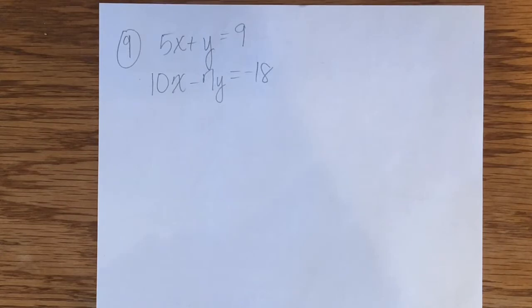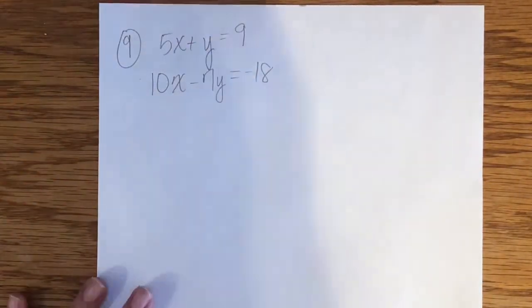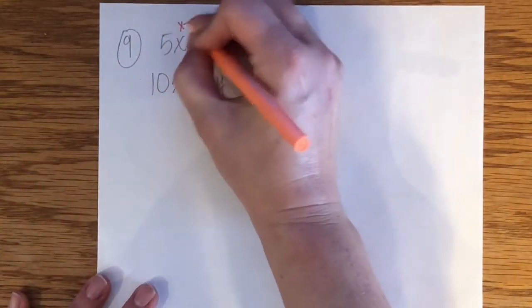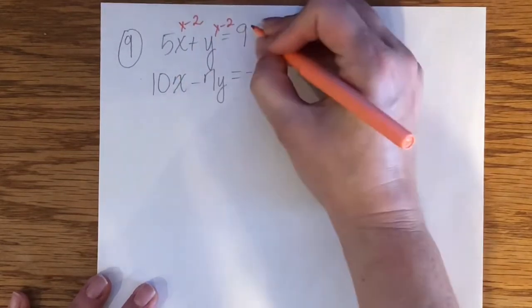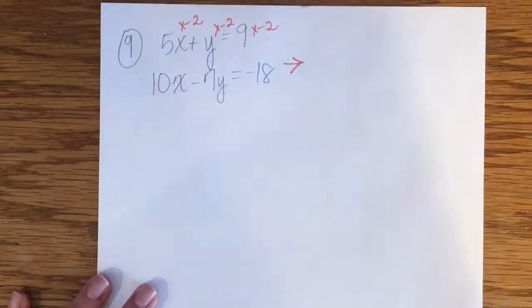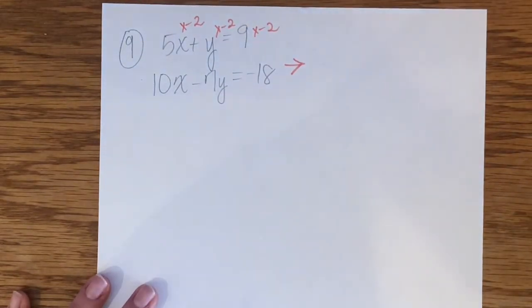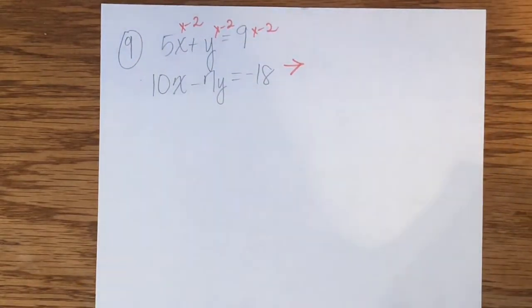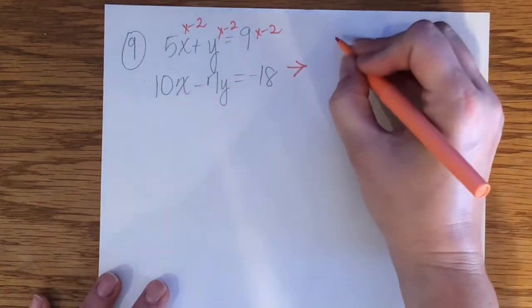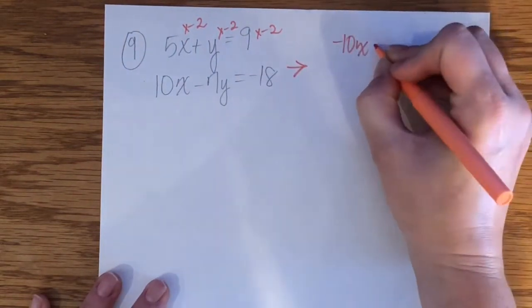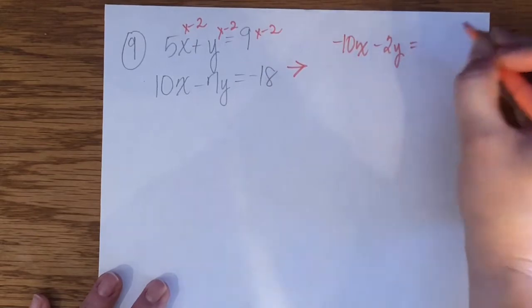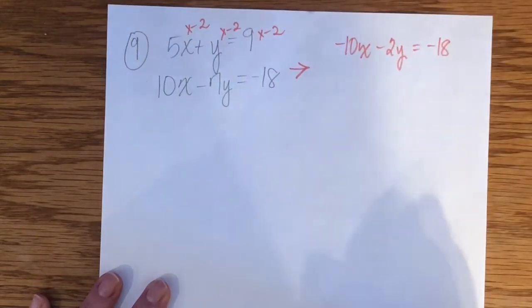I'm going to choose to cancel out my x's. So I'm going to start off with multiplying the entire top equation by negative 2. So everything's being multiplied by negative 2. And when I do that, I'm going to get negative 10x minus 2y equals negative 18.